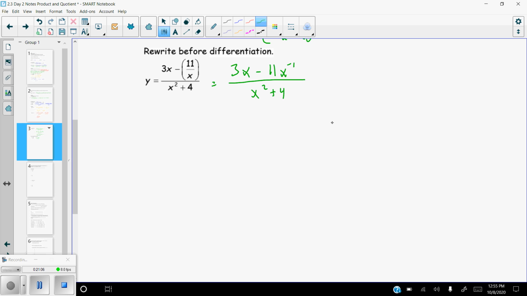They're going to look a little bit different at the end until you actually fully simplify them, and we're not going to fully simplify both versions of this for purposes of this video. We're just going to take the derivative, but it can be done in multiple ways. So from our way, y prime is the derivative of the top, which is going to be 3 plus 11x to the negative 2. Remember, you're subtracting 1 from the exponent when you bring that negative 1 down.